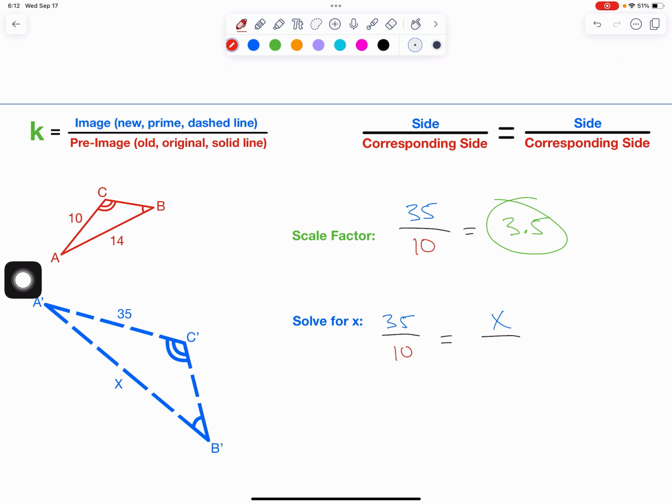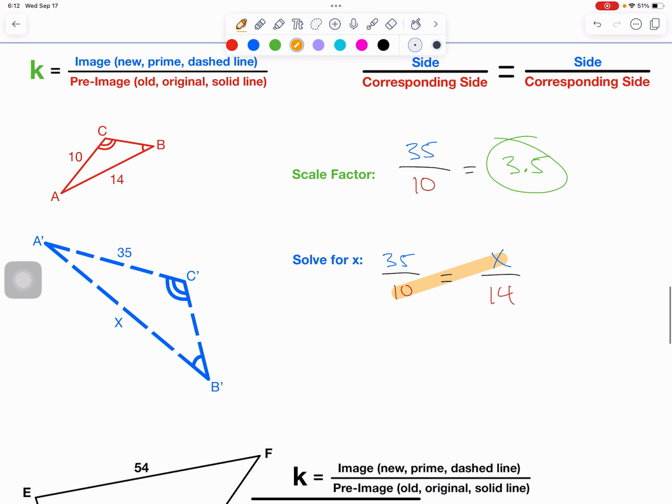Great job. All right, from here, we simply just cross multiply. 10 times x gives us, class, great job, 10x.